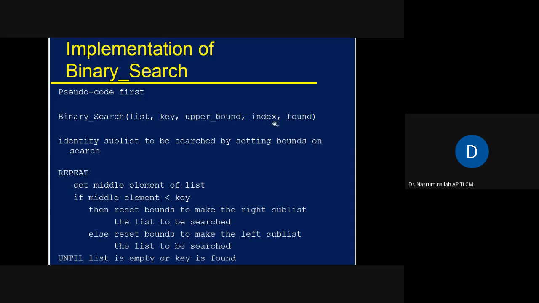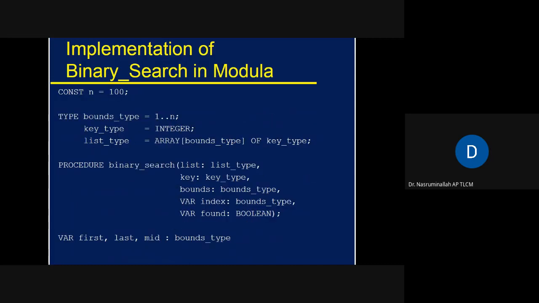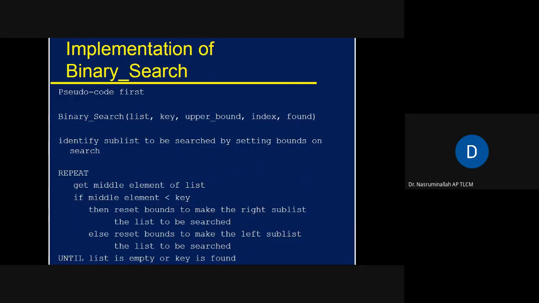We have defined index and found as other arguments to this function. The first thing is that you have to define the bounds of the list, and you keep on searching for the key.